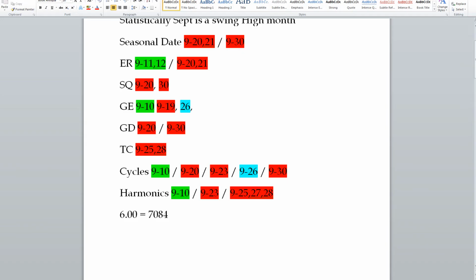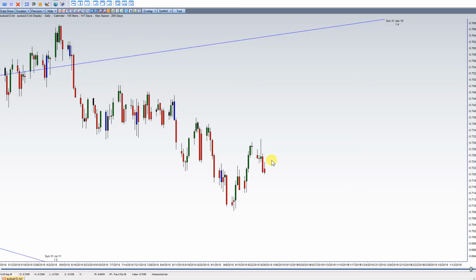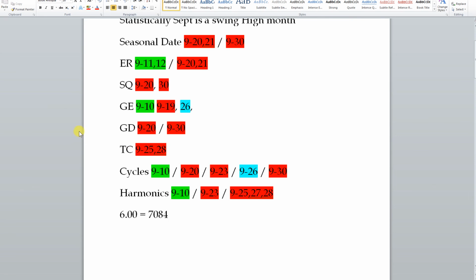But if that doesn't happen, then we push lower and pierce that, then all this calculation here is void. You just throw it in the trash. We're going lower. Then we've got to work on October and see what dates are there.